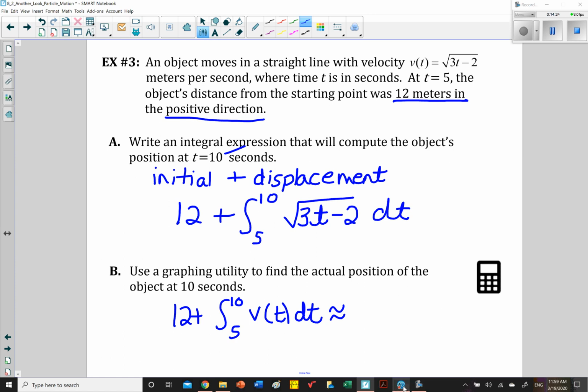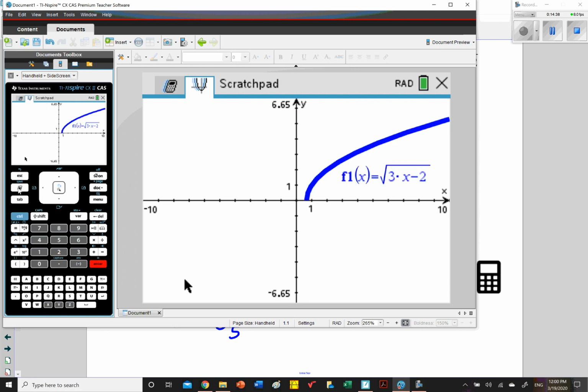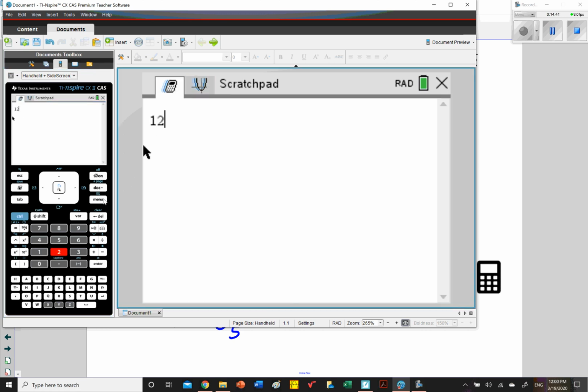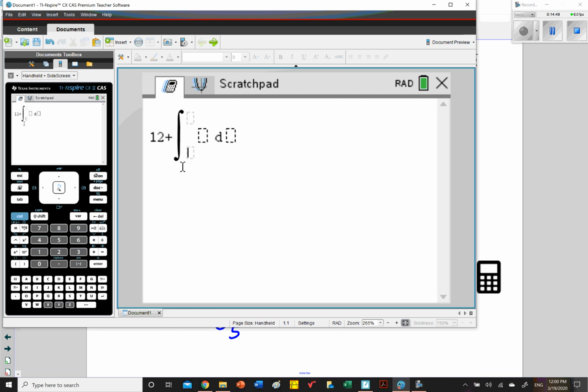So we can go over here, and in our graph window, we're going to put the square root of 3x minus 2, and then enter 12 plus menu for the integral from 5 to 10 of our velocity function, which is in the F1 window.